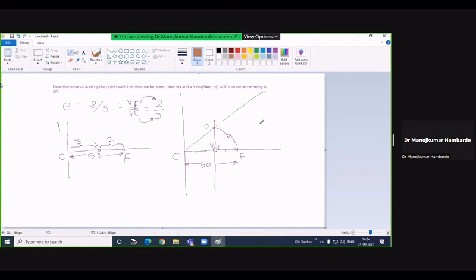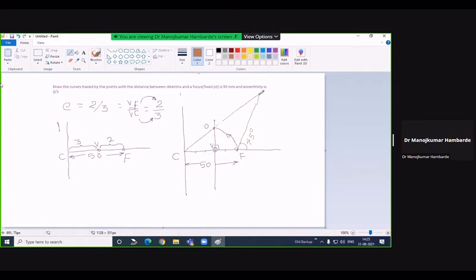I will take an angle of 45 degrees. This angle is 45 degrees. Now this 45 degree angle cuts this CO line.